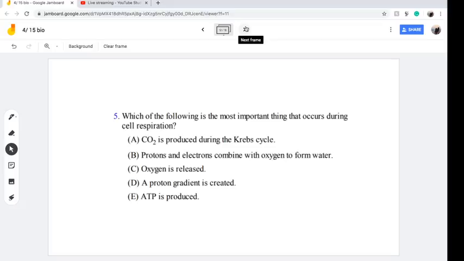So what is the whole purpose of cell respiration? Why do we do cell respiration? It is so that we can produce energy, or ATP. So which of the answer choices correctly states that? It will be answer choice E. ATP is produced.